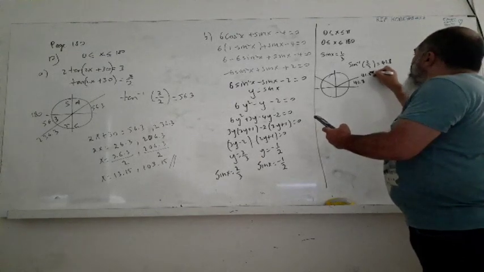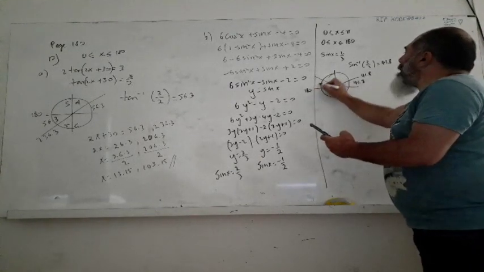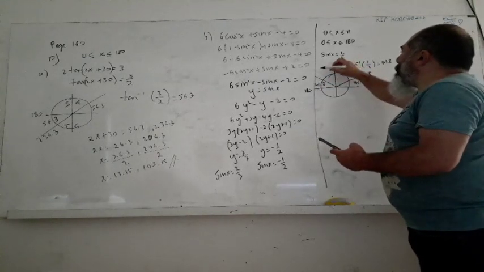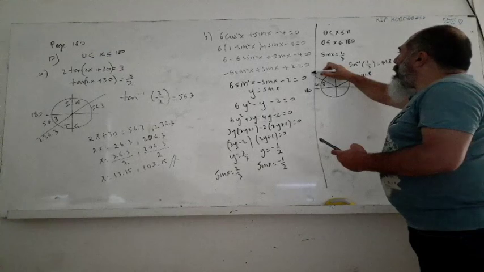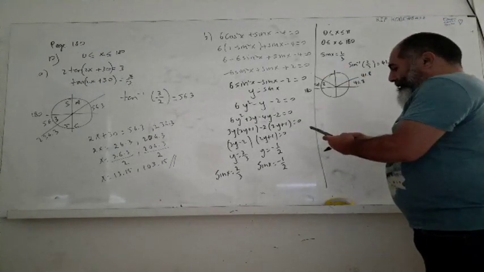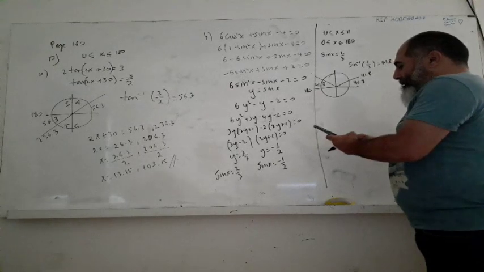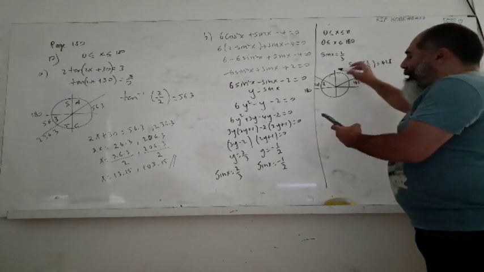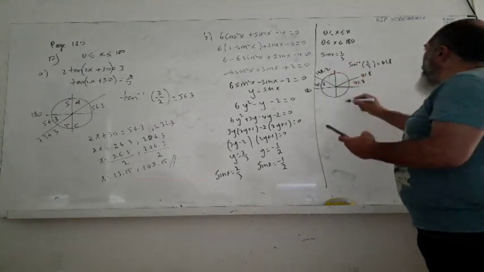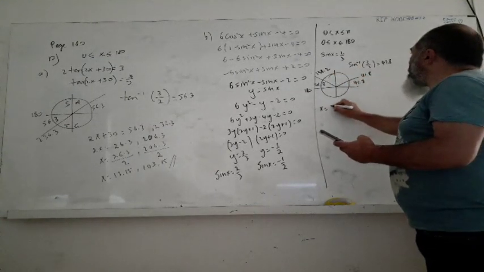This is 180, this is 41.8, so the answer is going to be 138.2. So x values are 41.8 and 138.2.